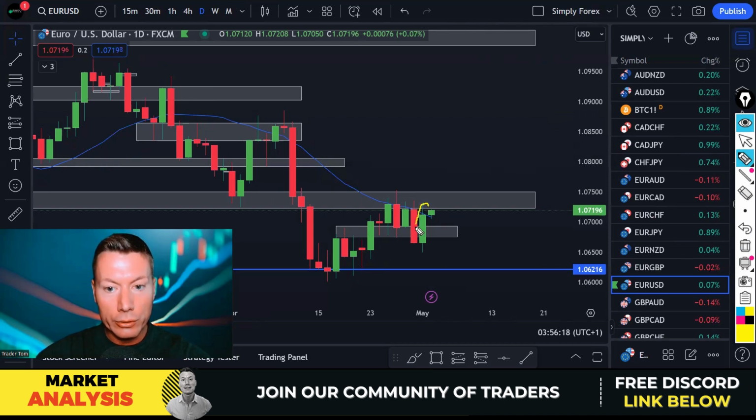And you can see just on this daily chart, we had quite a bullish move on Euro US dollar, but it's all news driven. The interest rate was as expected, but whatever was said in the press conference has given the US dollar some weakness there.